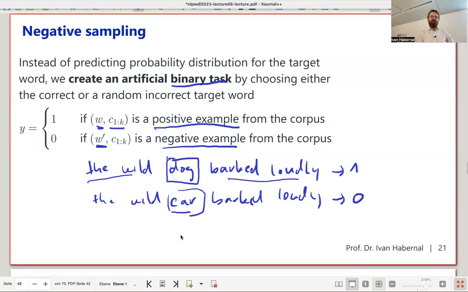It could be anything, even the wild nice barked loudly. It doesn't make any sense, but it could be any word, right? I can really sample any word. It makes no sense, and that's why it's a negative example. It should be scored 0 because it's not something that should happen, and we want to penalize that, and we want to predict that this word is actually occurring in this context.